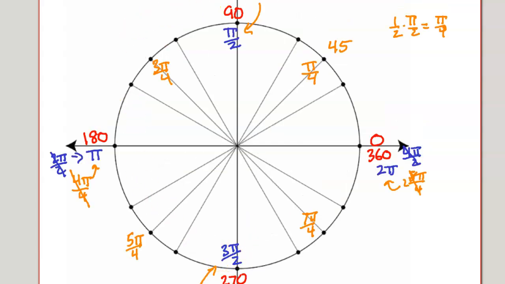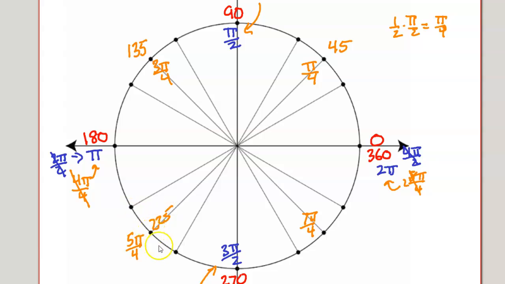And let's just for fun go back and put in the degrees as well. We can add 45, get 90. 90 plus 45, 135. 135 plus 45 is 180. 180 plus 45 gives us 225.